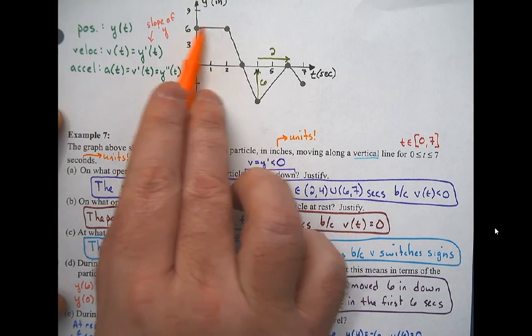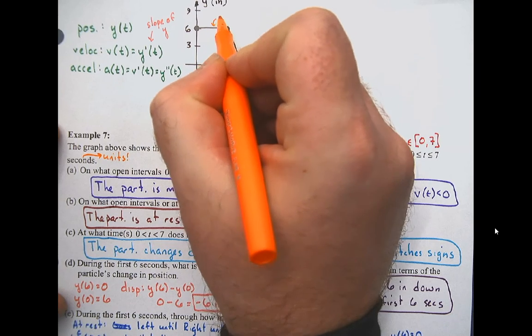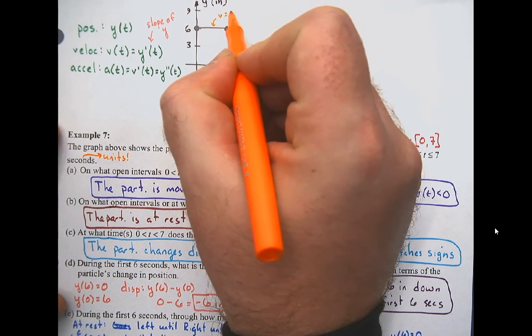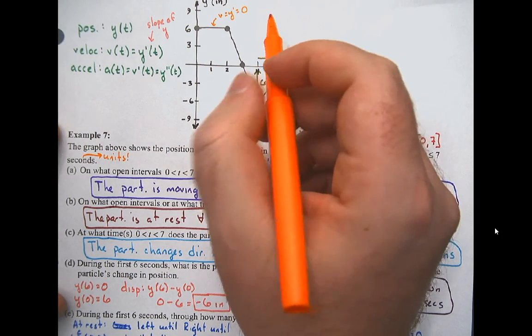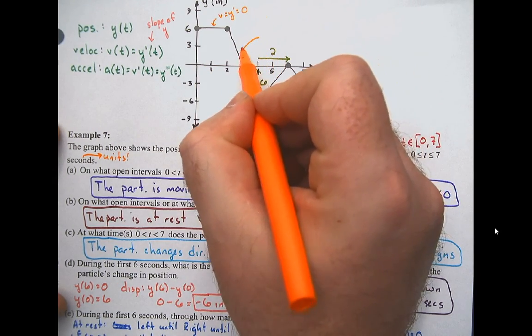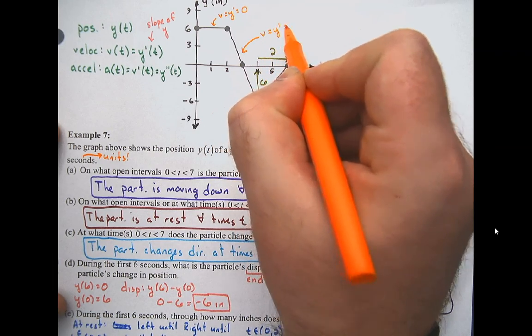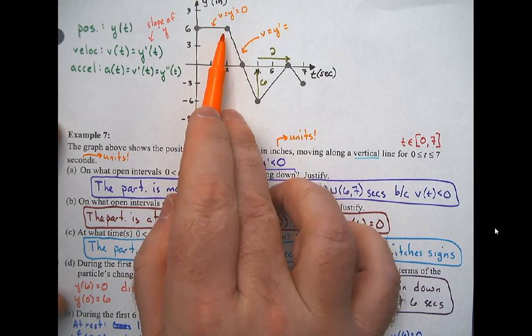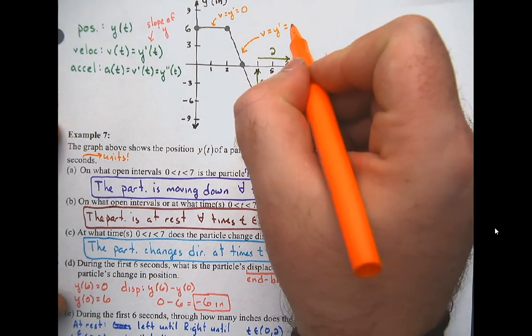So from here, what's my slope? So here, velocity, which is the slope, is 0. In this section, the velocity, which is the slope, is, what would it be? So you'd go down 6 over 1, so it would be negative 6.